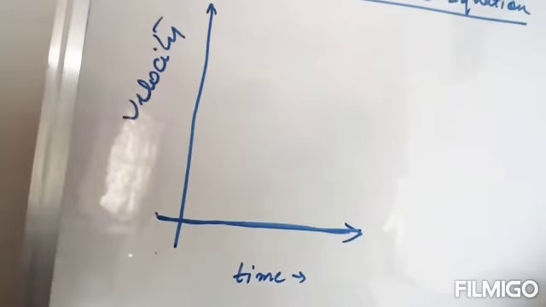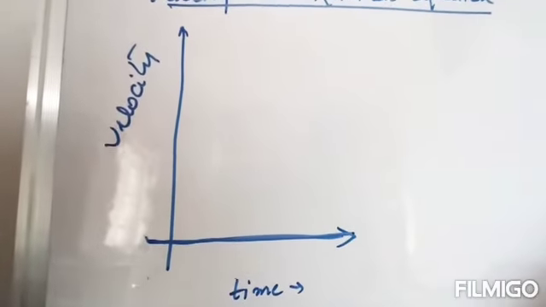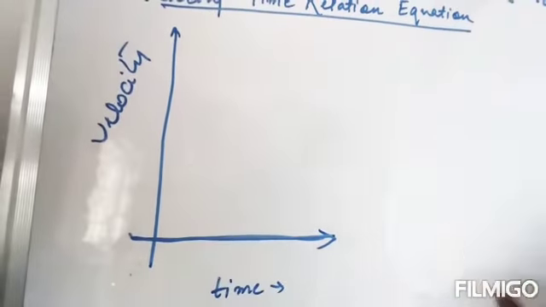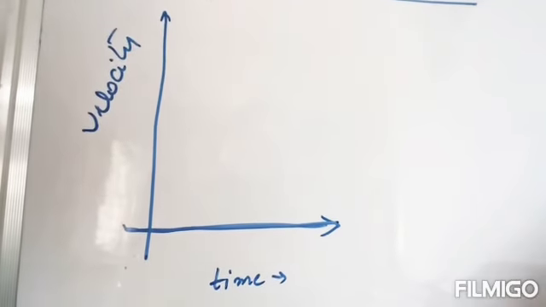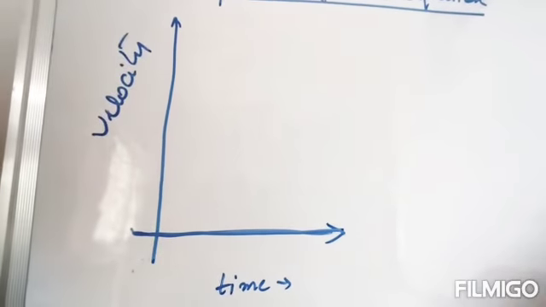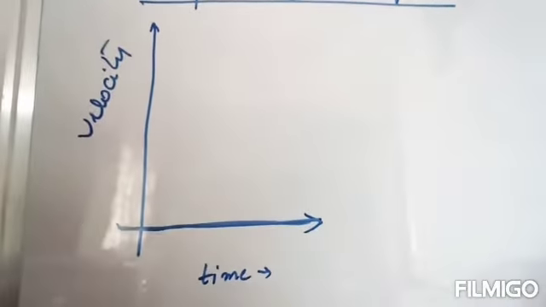Now as we are talking about uniform acceleration, it will be a straight line inclined to the x-axis. Correct? So let us consider that the body is not starting from rest.